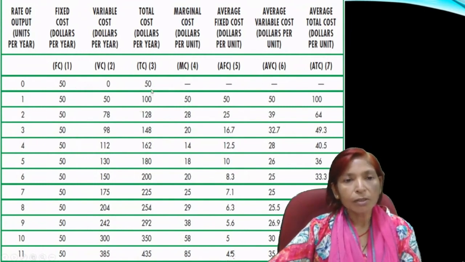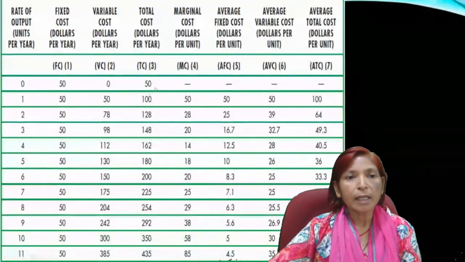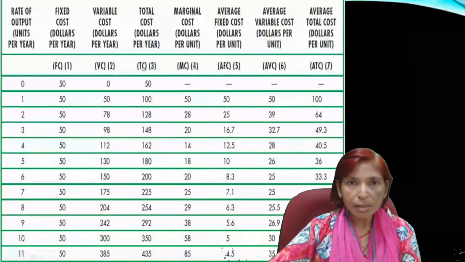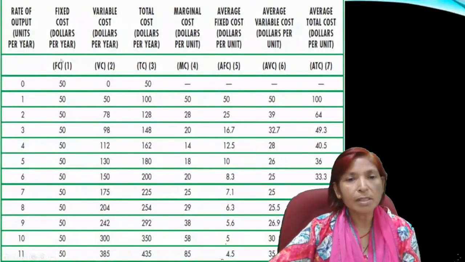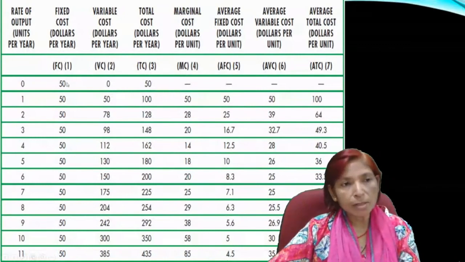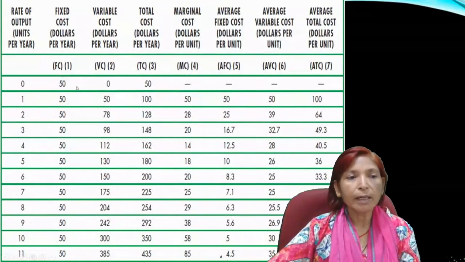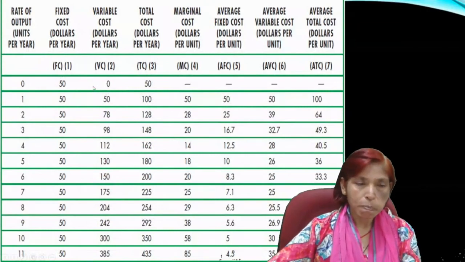And total cost, you know, is the sum total of total fixed cost and total variable cost. If we are given total cost and we estimate total fixed cost, which always remains constant, then if we take the difference between total cost and total fixed cost, we can get variable cost. So TC minus TFC is equal to TVC.